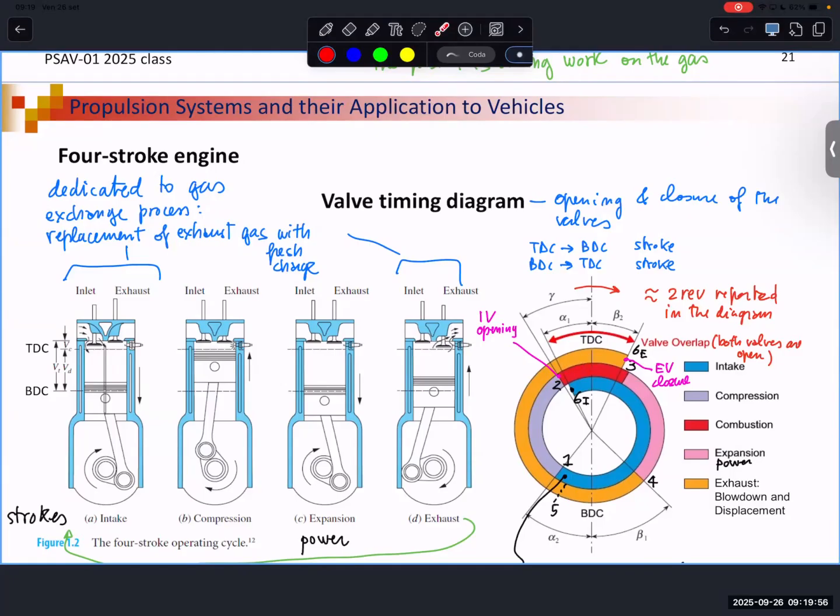But when we are pushing out the gases, the piston is going up at the end of the cycle, and we would like to have the exhaust valve still open when the piston is going up. And so we have to close the valve in retard. This advance and retard provide an overlap in which the two valves are both open at the same time.